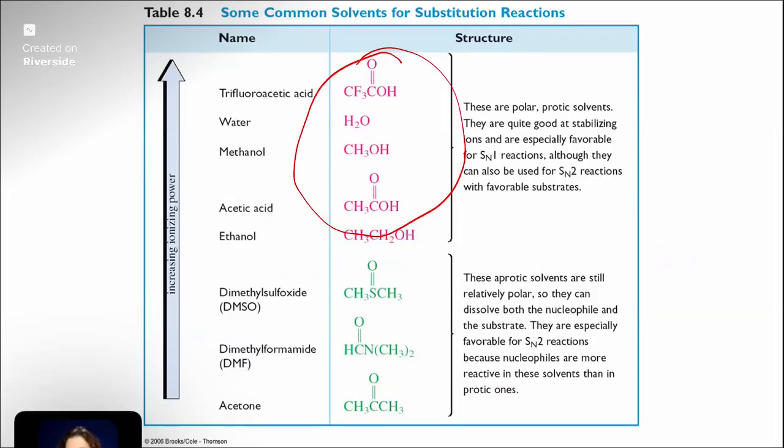Anything with an OH or NH is capable of forming hydrogen bonds and will tend to slow down SN2 reactions. Solvents that are often represented by letters or words that have no OH or NH, even dimethylformamide has H's and it has N's and O's, but no NH. These are aprotic solvents and they tend to favor SN2 reactions.